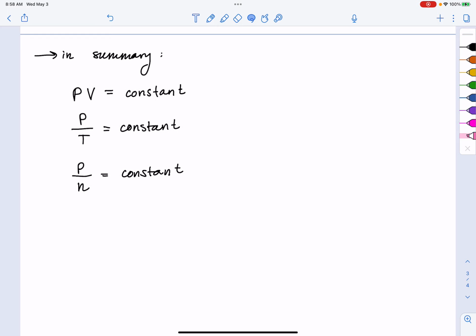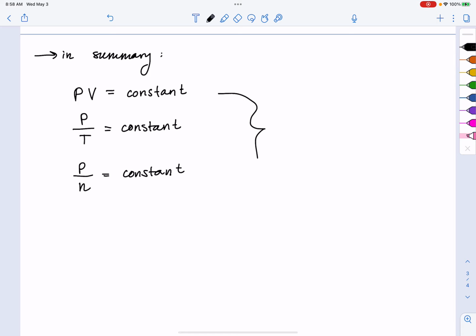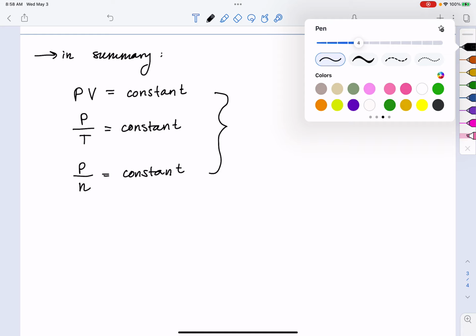Now, the fun part about this is I can put all of these together into one big relationship, meaning I can put this all together into one mathematical structure that shows that pressure and volume are inversely related, while pressure and temperature are directly related, and pressure and moles are directly related.